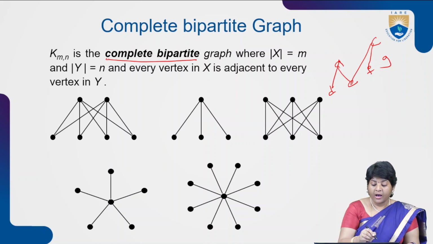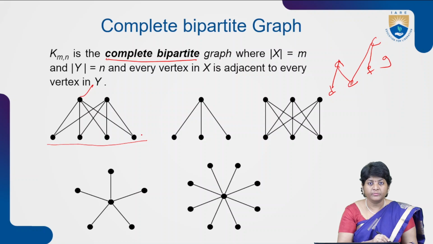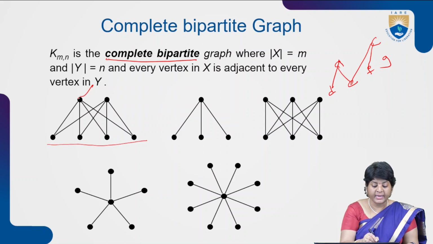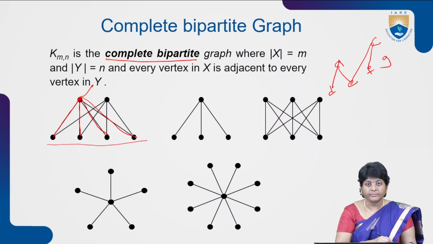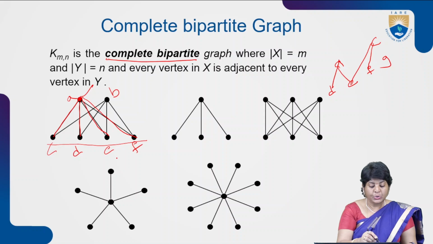Here, each vertex of set 1 should connect with all vertices of set 2. Each vertex of set 1 should connect with all vertices of set 2. So this is A, B, C, D, E, F. A is connected to C, D, E, F. Right?